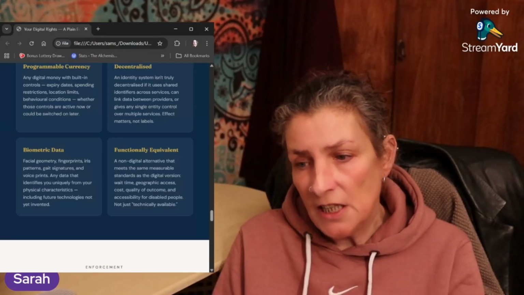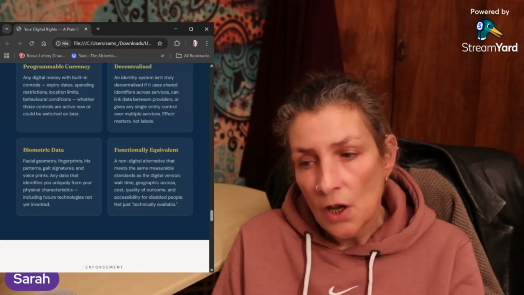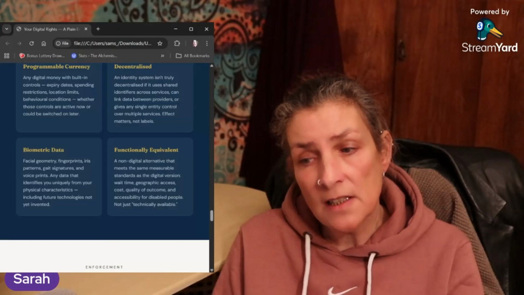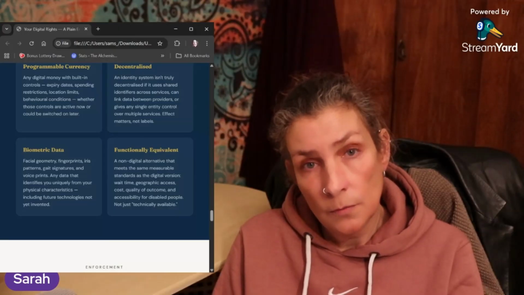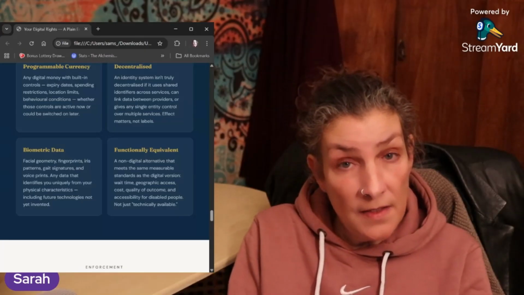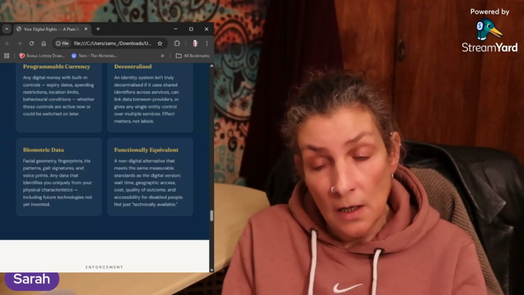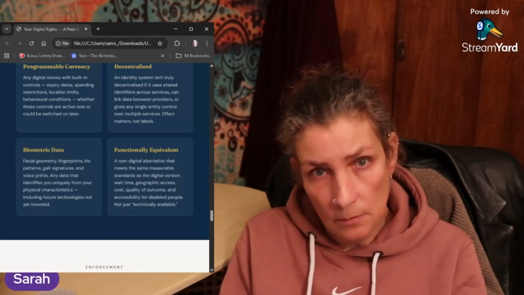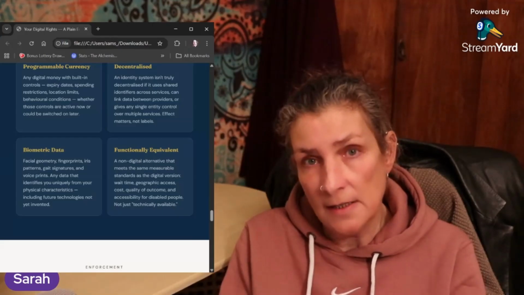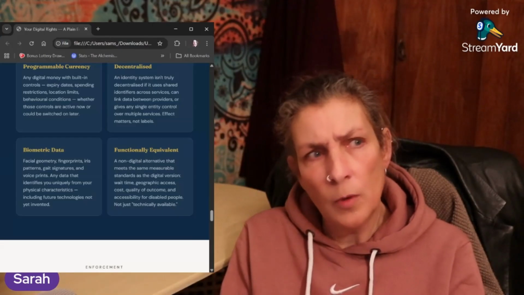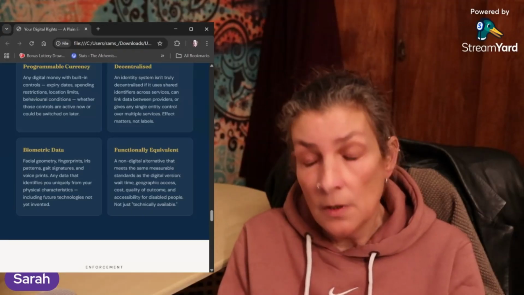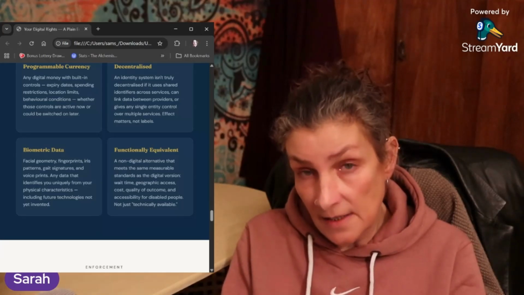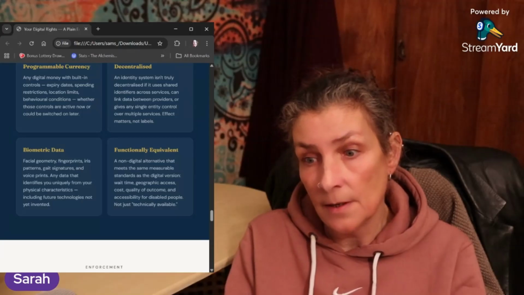Wait time, geographic access, cost, quality of outcome, and accessibility for disabled people, not just technically available. So they're the terms that I made sure were completely defined so that there's no shadow of a doubt about what we mean with this Bill of Rights. There's no, oh, well, we read it to mean this. No, those key terms have been defined. And that is what the Bill of Rights stands on when it comes to key terms.